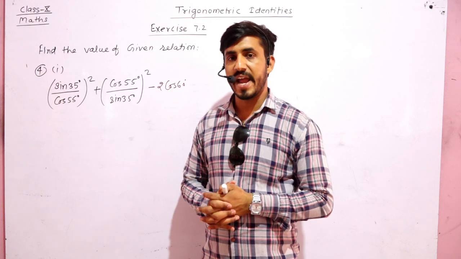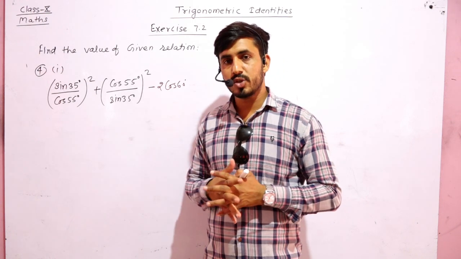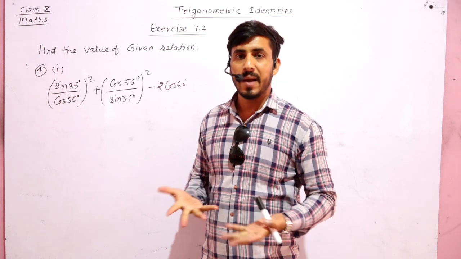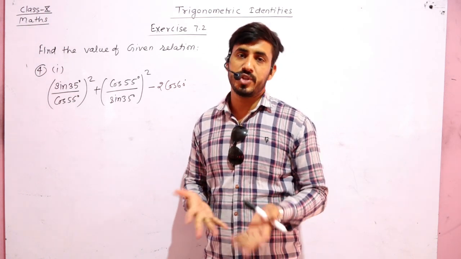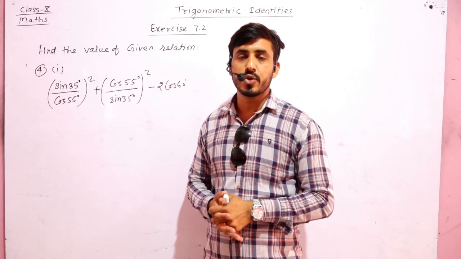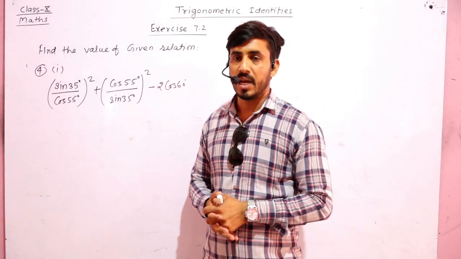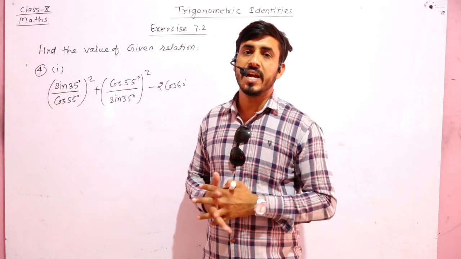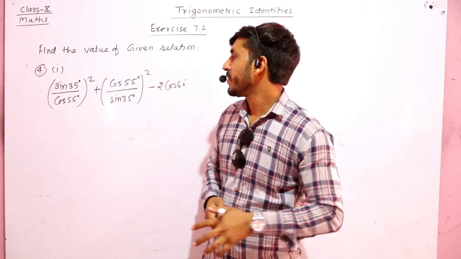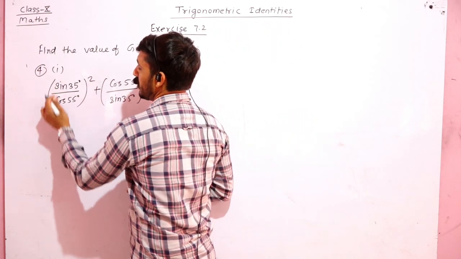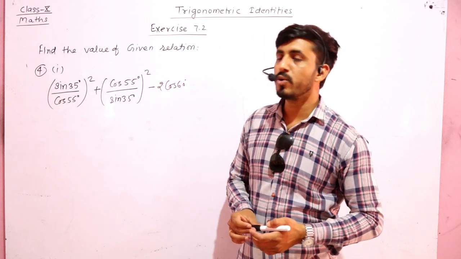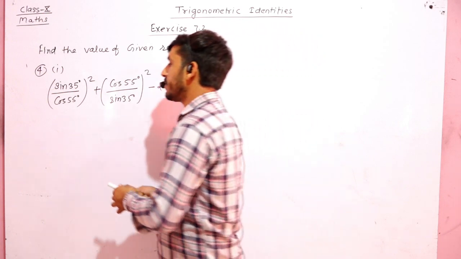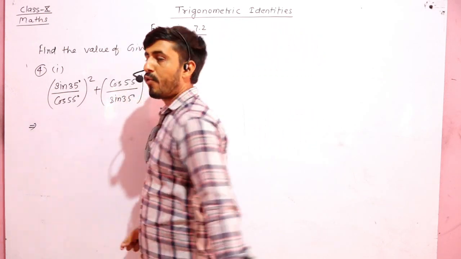We can also change tan theta into cot theta, because these are helping trigonometric ratios of each other for complementary angles. The next part is for sec and cosec, which we have also discussed. So first we have to think how we can change sin 35 into cos 55, and cos 55 into sin 35.